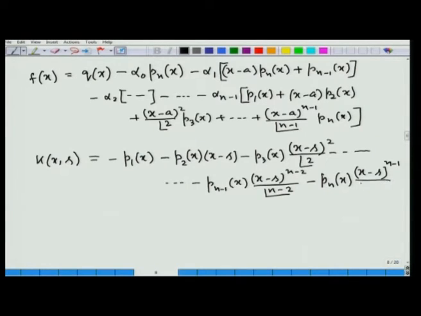minus p n x multiplied with x minus s whole to the power n minus 1 by factorial n minus 1, and we can write this entire expression in a compact form using the summation notation, that is minus sigma r running from 1 to n x minus s whole to the power r minus 1 divided by factorial r minus 1 multiplied with p r x.